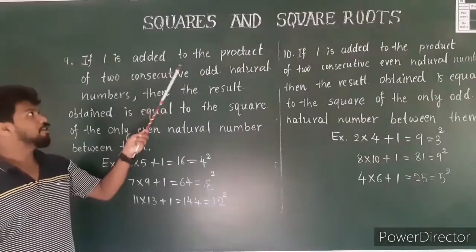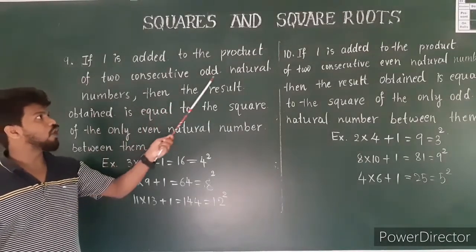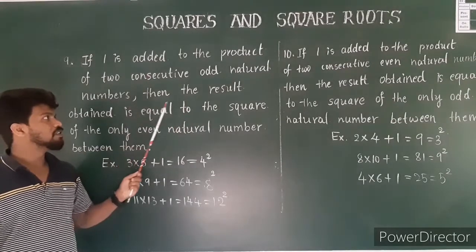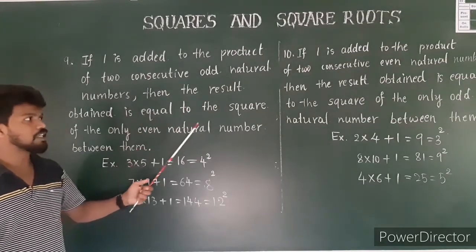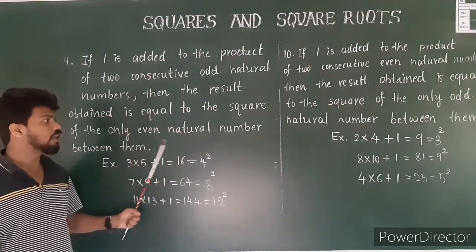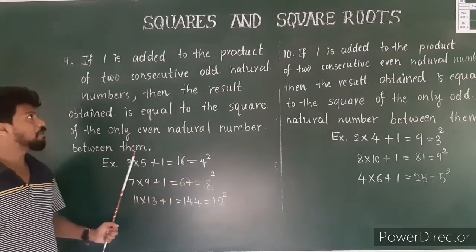If 1 is added to the product of two consecutive odd natural numbers, then the result obtained is equal to the square of the only even natural number between them.